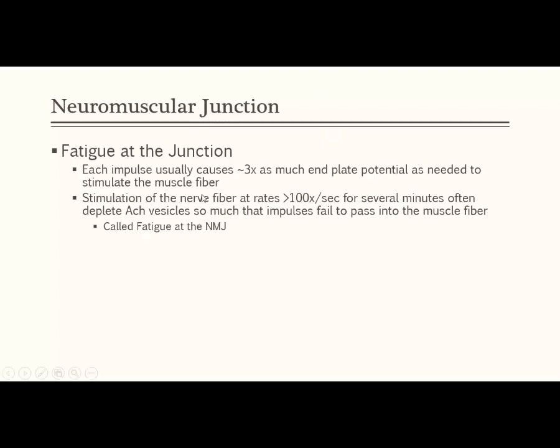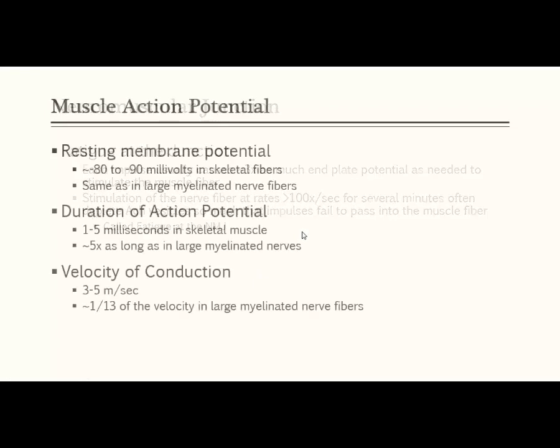Generally, you can get fatigue at that neuromuscular junction because the impulse is more than it needs to be, and eventually we can deplete the acetylcholine vesicles so that we can no longer pass impulses into the muscle fiber.